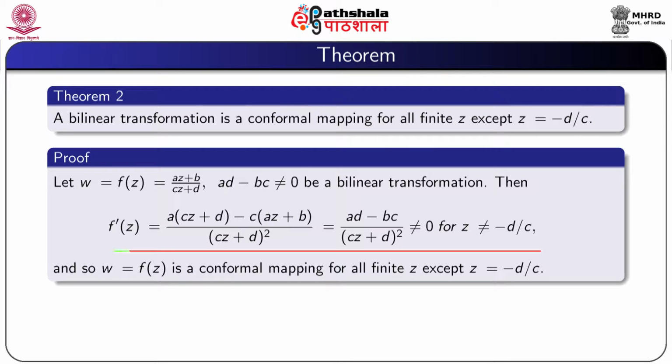Then f dash z equal to (ad minus bc) by (cz plus d) whole square, which is not 0 for z not equal to minus d by c, and therefore, the mapping w equal to f(z) is conformal for all finite z except the point z equal to minus d by c.